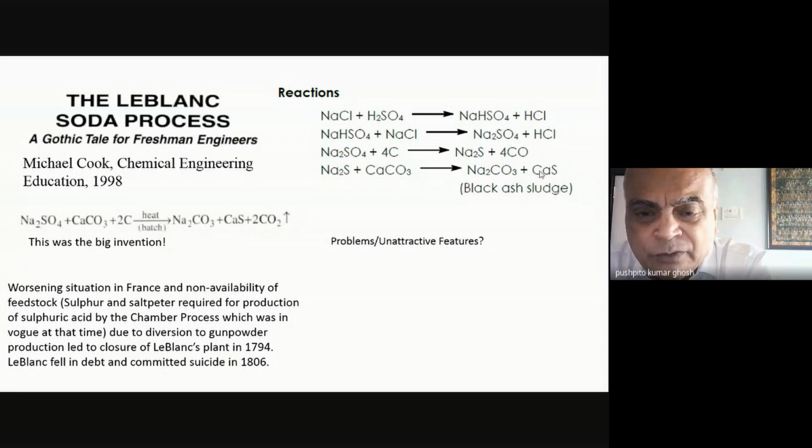or thereabouts. But tragically, Leblanc required sulfuric acid to form sodium sulfate, and sulfuric acid was produced in those days by the chamber process. So what was required to make sulfuric acid then? Well, I needed sulfur to make SO2, right? Yes.